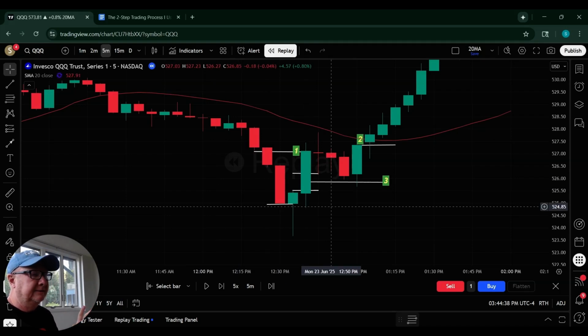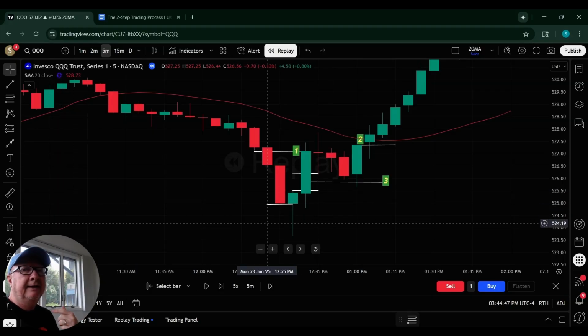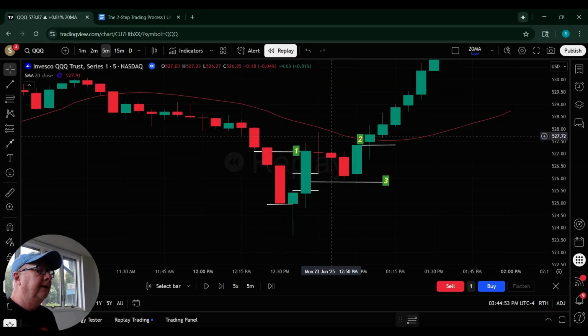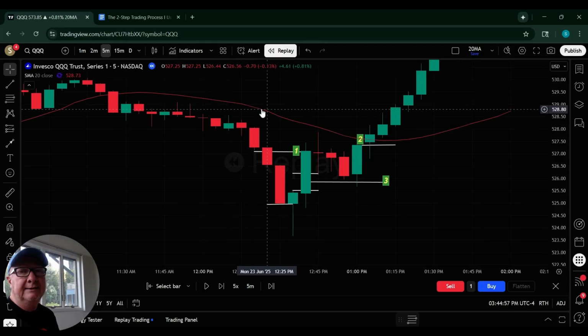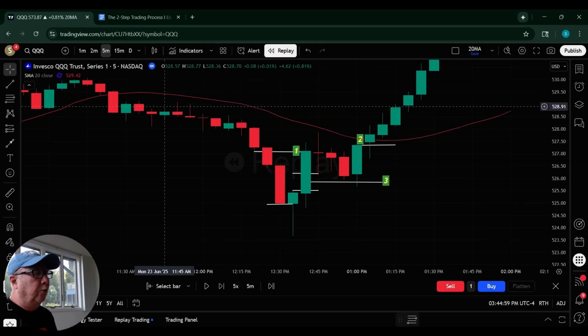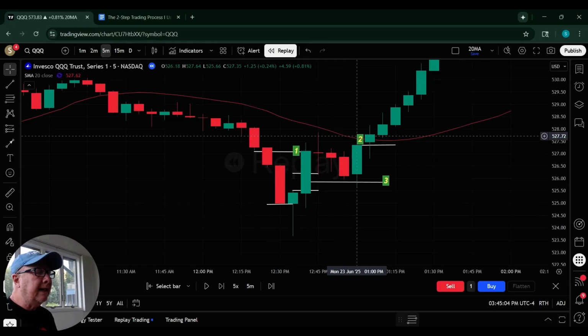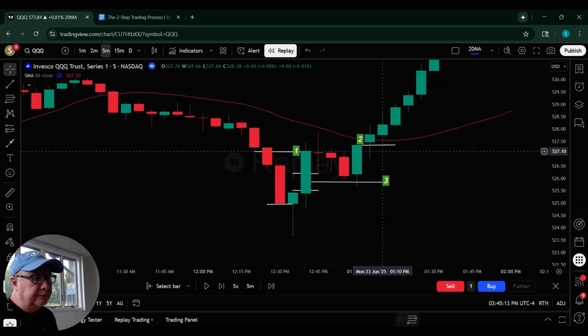Another couple of things, just sort of bonus material. If this is taking place at support, so you have prior support over to the left, that adds oomph to this trade. If you're getting a double bottom in place, if you're getting a 20, and that's the red line, here's the 20 simple moving average. If the 20 happens to be down here and is turning, in this case, it's here, and your turn takes place under the 20.